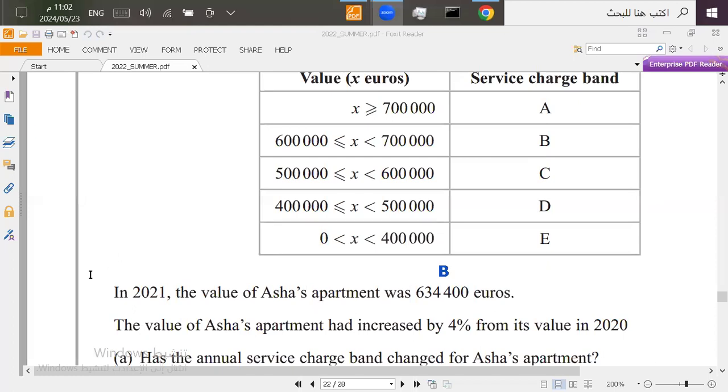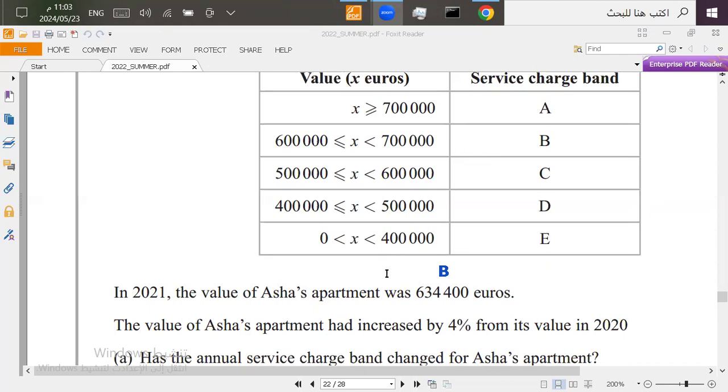As we said, this one is 2021, which is B. Now this value has increased by 4%. So we're going to find the original and then check if the value was in C, for example, or not.